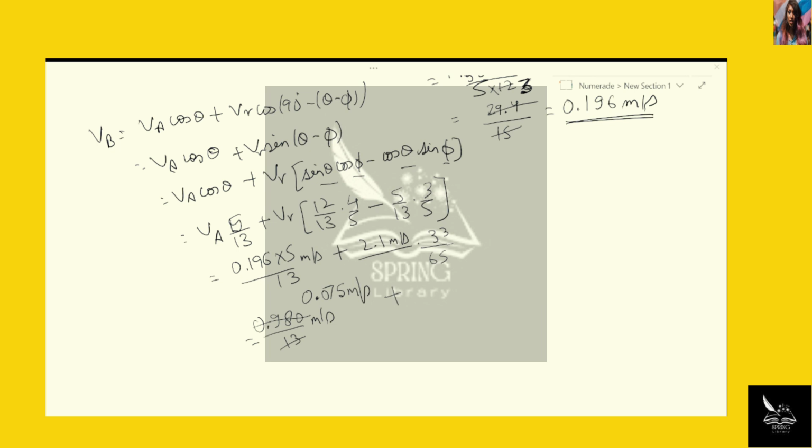This is 1.067. So 1.07, let's say, 1.07 meters per second. So in total, we will get 1.145 meters per second, close to this number. So this is our VB.